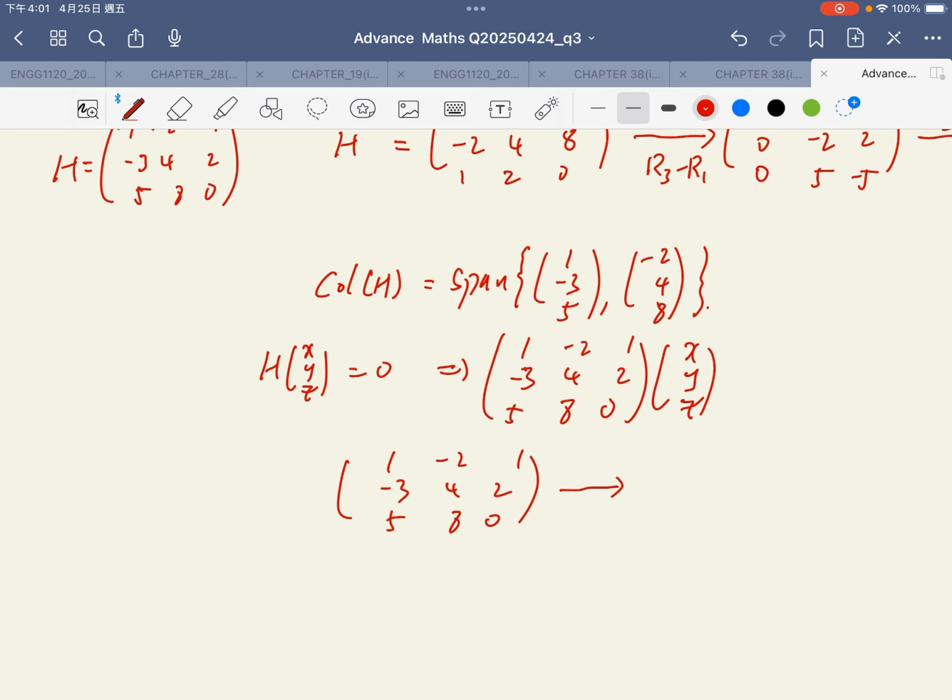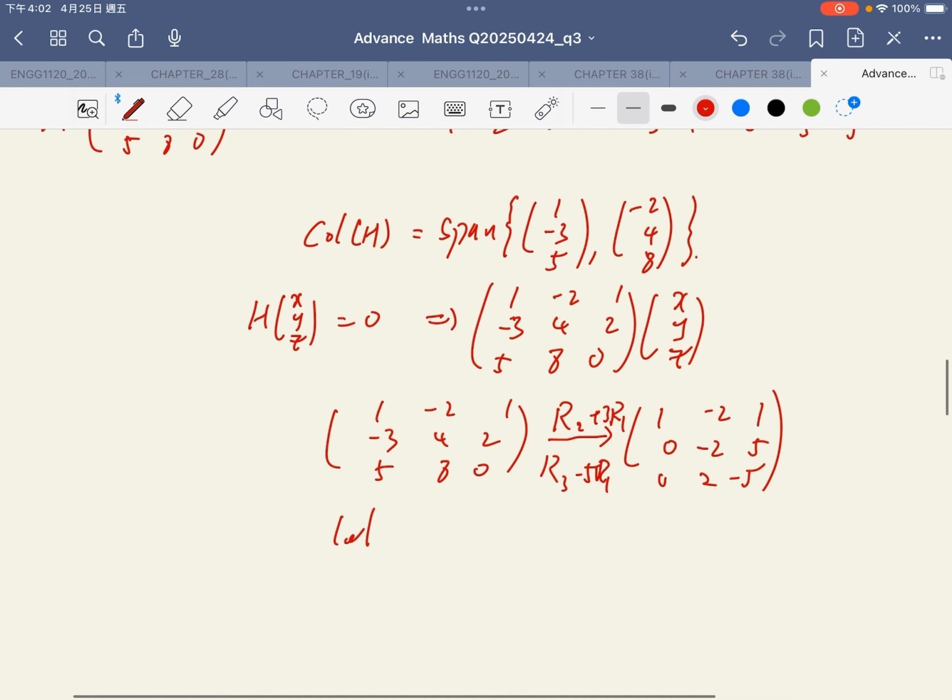Let me see, row 2 plus 3 times row 1. That is 1, -2, 1; 0, -2, 5. And row 3 minus 5 times row 1: 0, 2, -5. Okay, the same. Therefore, I don't want to do one more step.